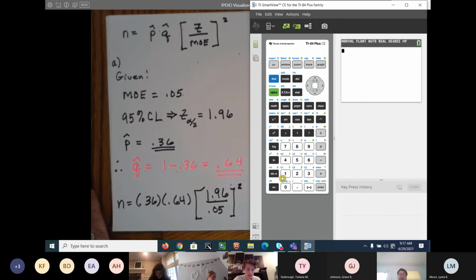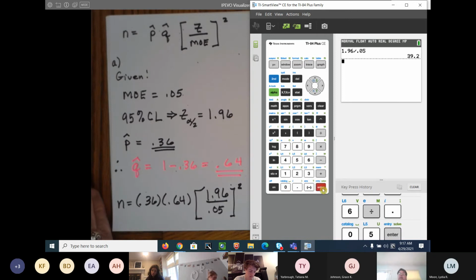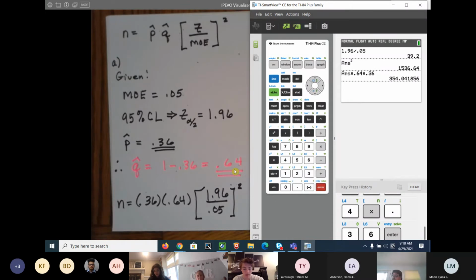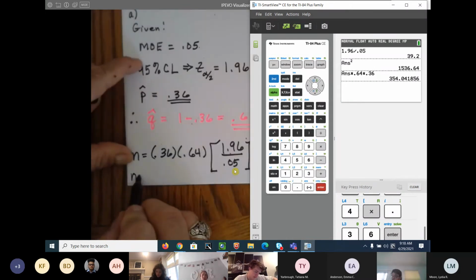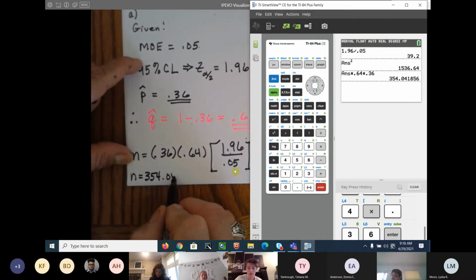All right, 1.96 divided by 0.05, raised to the second power, multiplied by 0.64, times 0.36. 354.04, which is 355.